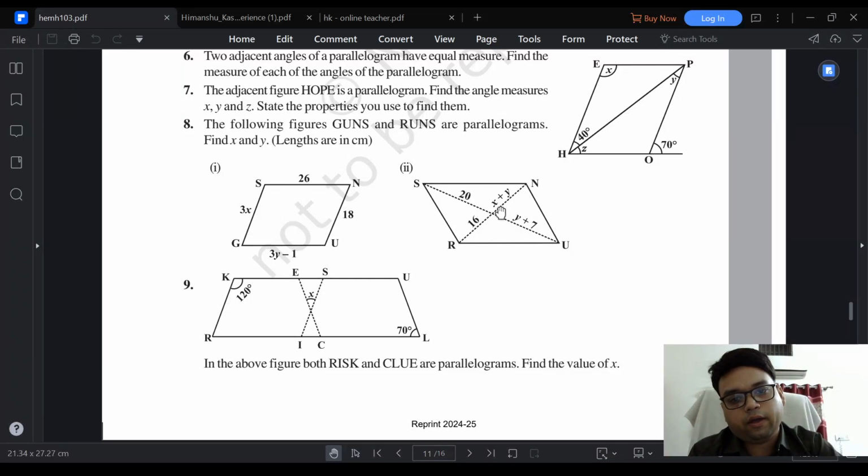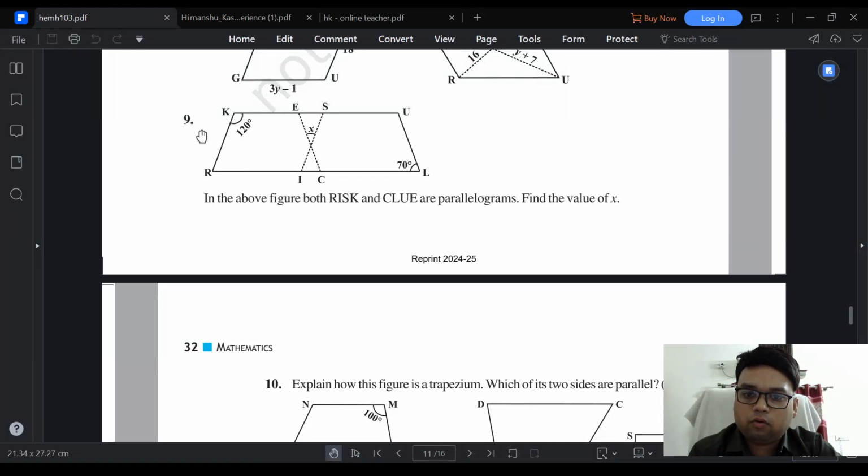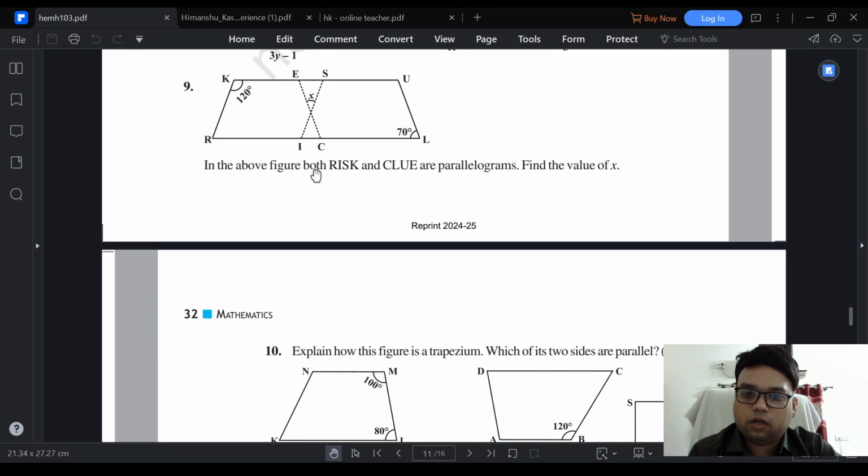Put the value of y here and get the value of x. This is also using the opposite sides are equal, so 26 equals 3y minus 1 and 3x equals 18. So here it is very easy to get the answer. Now moving forward to question number 9. Here we have to calculate the value of x.